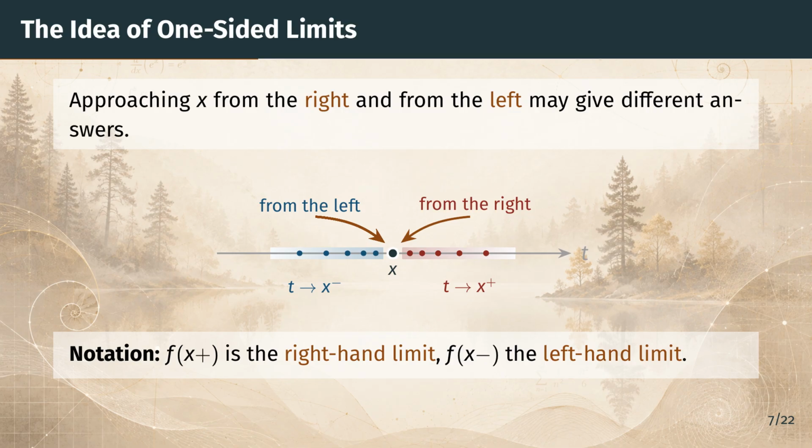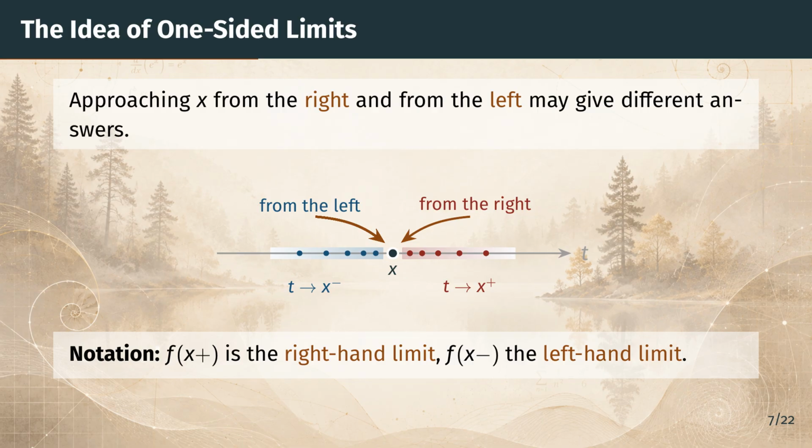Here's the intuition before the formal definition. On the slide, you see a horizontal axis labeled t, with the point x marked by the dark dot in the center. The idea is to study the function near x by approaching from one side at a time. On the left, the blue dots march steadily rightward toward x, and the shaded band deepens as they close in.